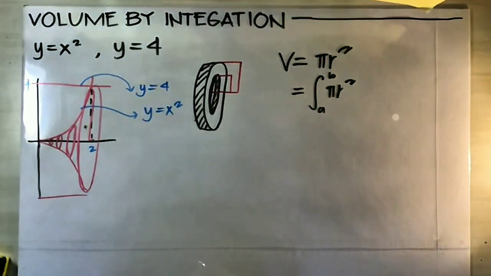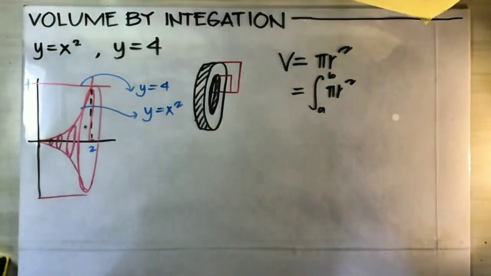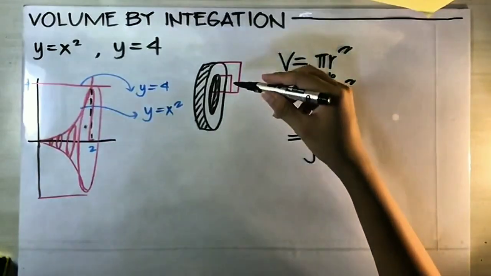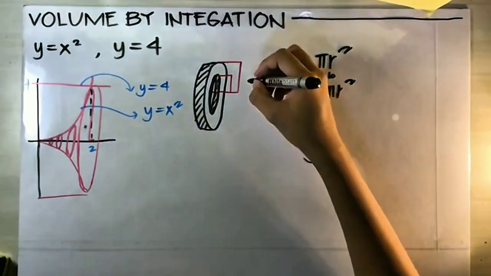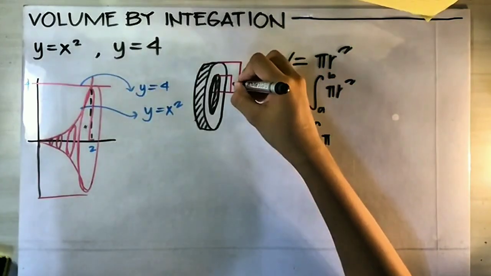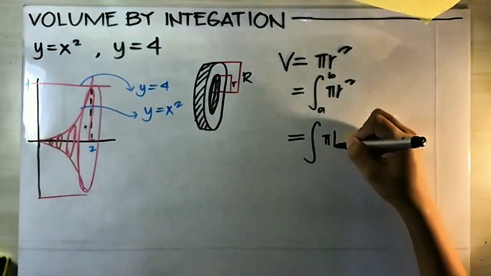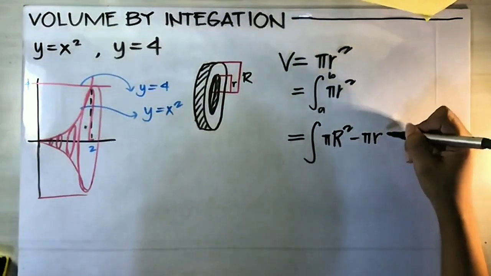If we put that into the formula, we will get the volume, the integral of pi r squared, let's call this big R, and this one is a small r. So we will have pi R squared minus pi small r squared.